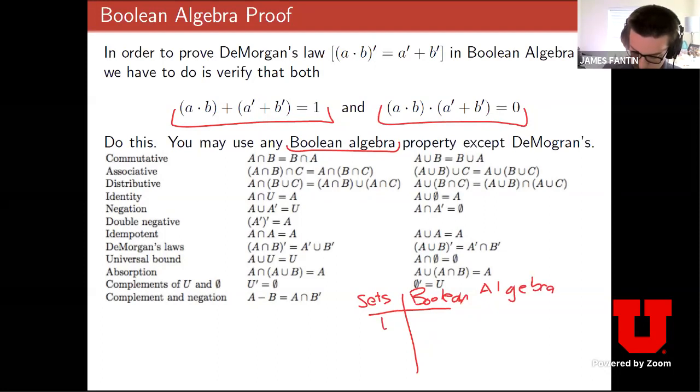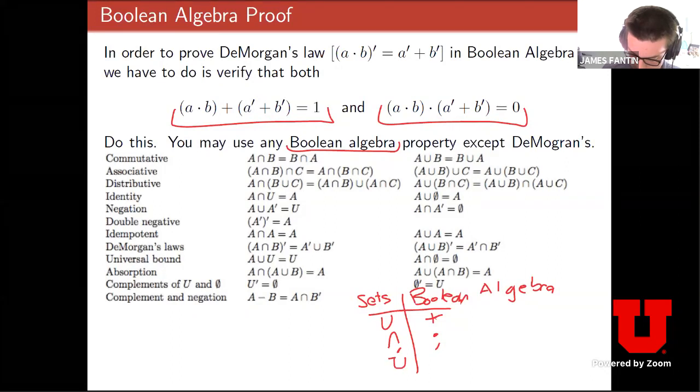So for union, that's the same as or, with the plus symbol. Intersection is the same as times, the and. Then we have complement, which would be negation with the same symbol.